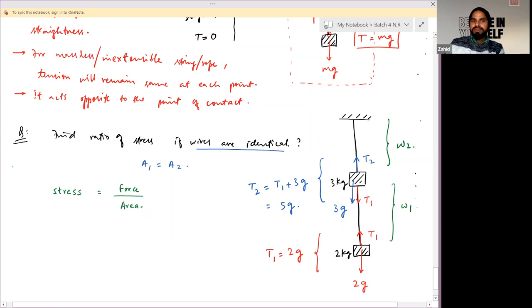As stress is equal to force divided by area, stress in first wire divided by stress in second wire will be equal to force in first divided by area in first, and the denominator of this will reverse, so it will be area of second divided by force in second.